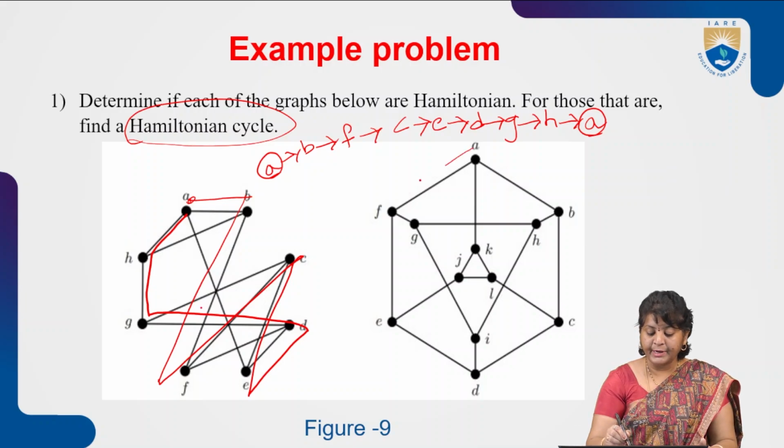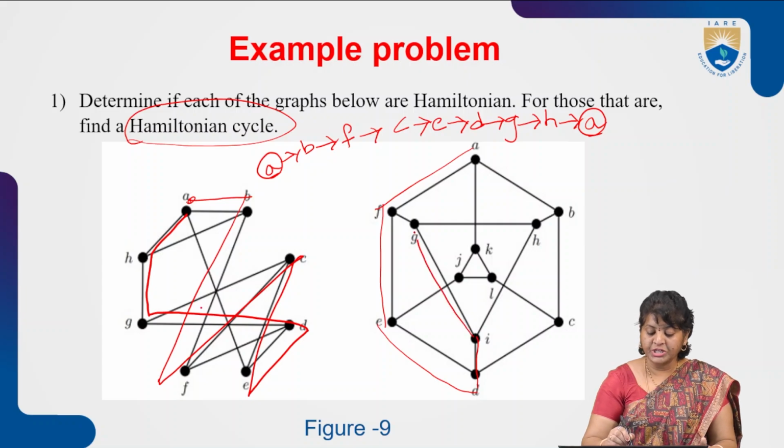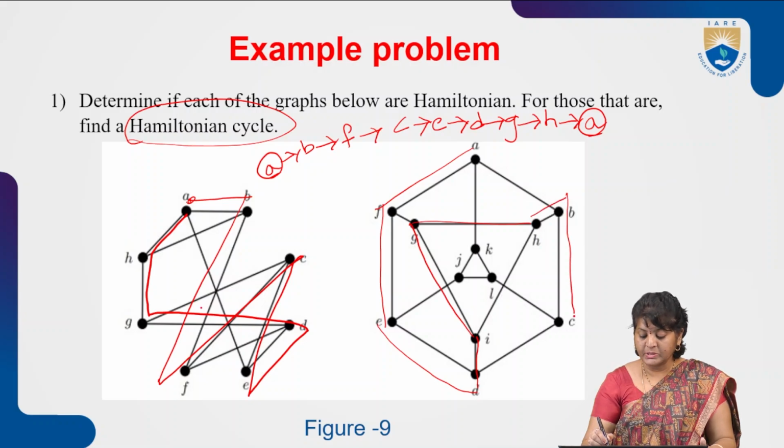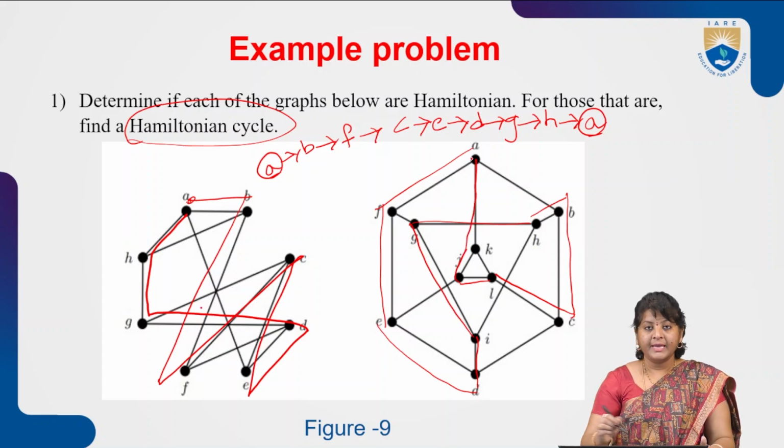So I will start from A to F, F to E, E to D, D to I to G, G to H, H to B, B to C, C to L, L to J, J to K, and K to A. Yes, here is a possibility that this particular graph contains a Hamiltonian cycle.